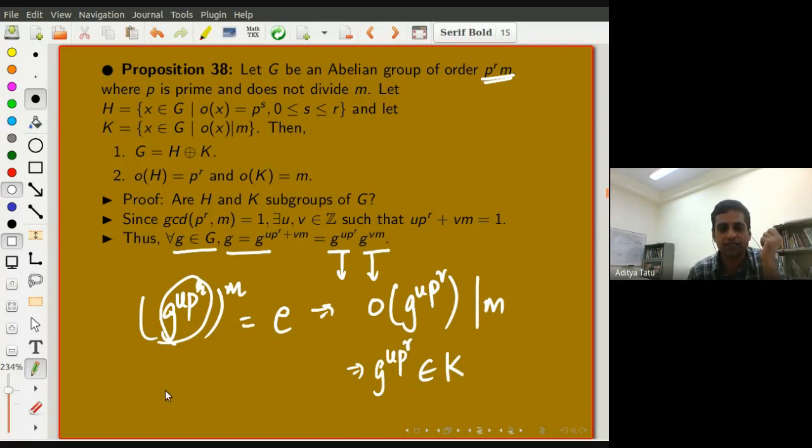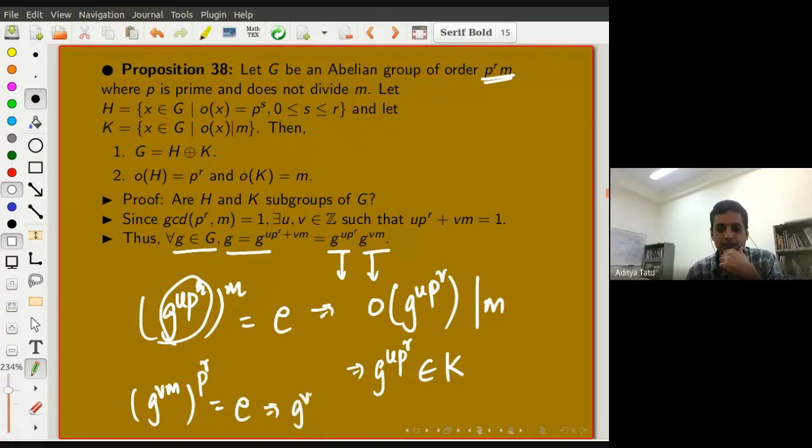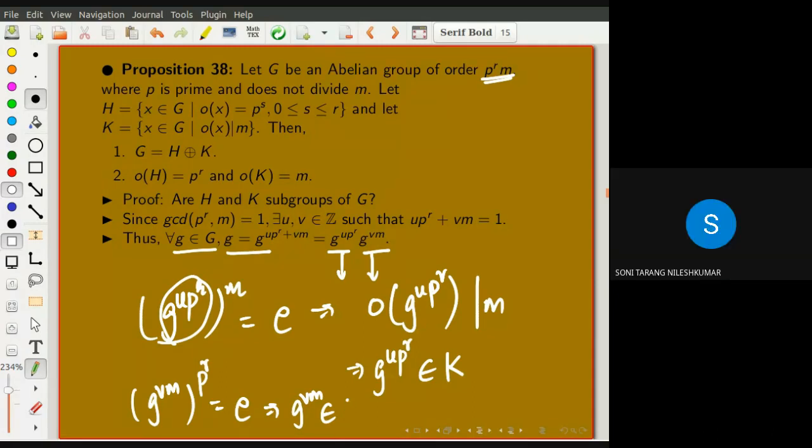What can we say about g to the power vm? If I operate it on itself p to the power r times, what will I get? Identity. Therefore, g^(vm) belongs to H. So what have we shown?